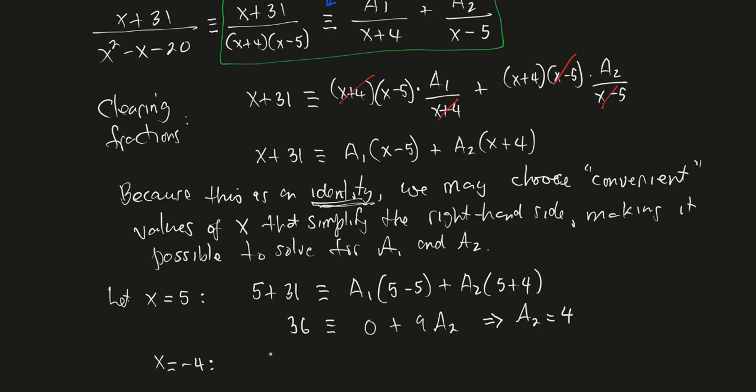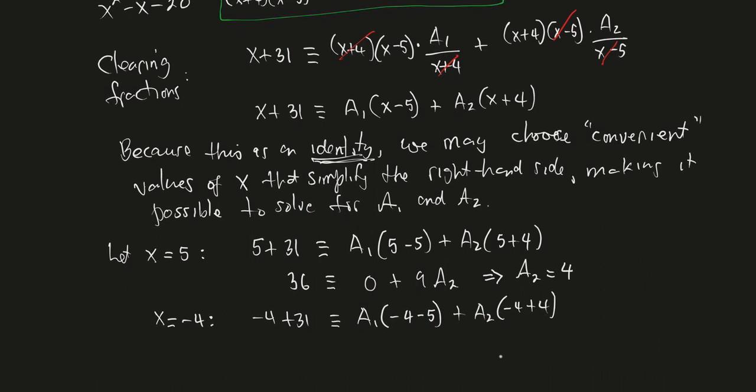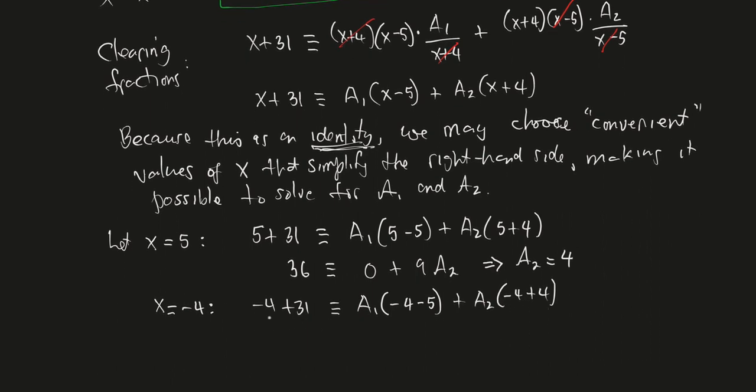So if we plug -4 in, I'll just plug it in each spot, and then we can simplify. So we have a1 times -4 minus 5, plus a2 times -4 plus 4. So that eliminates that term. We have 0. What do we have here?